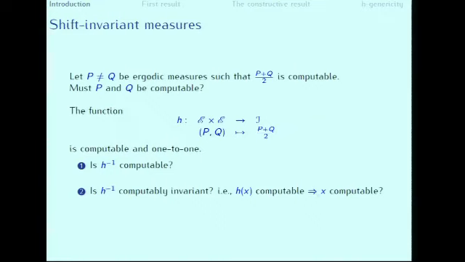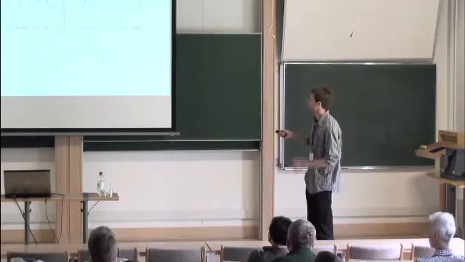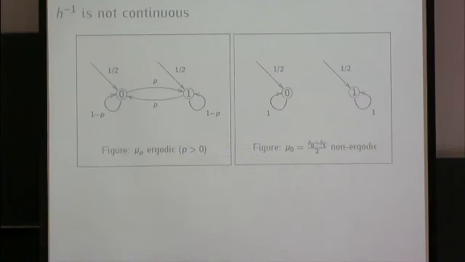As usual, answering the first question negatively is much easier because it's not computable for just topological reasons. Let me show you quickly why this is true. For every parameter p, you consider this Markov chain. At the first round you choose 0 or 1 with probability 1/2, 1/2, and then you choose to change the bit with probability p.